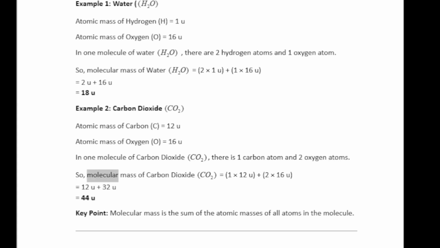So, molecular mass of carbon dioxide is equal to 1 times 12 U plus 2 times 16 U is equal to 12 U plus 32 U is equal to 44 U. Key point, molecular mass is the sum of the atomic masses of all atoms in the molecule.